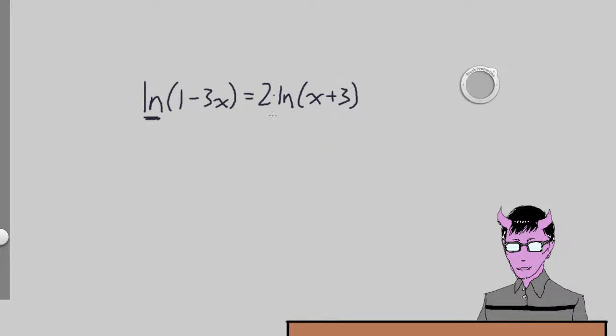We have a natural log here, which matches with that natural log, so there's not too much to be done. We do have this funky coefficient in front, so we can't just willy-nilly drop the natural log from both sides. So this is the wrong step, okay? So don't do this.